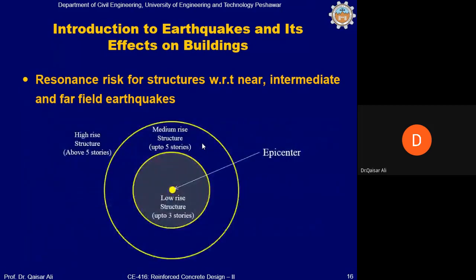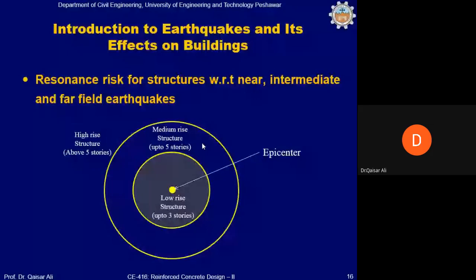Okay, now comparing the frequencies or time period of the earthquake waves to the time period of the buildings, let's look at the situations where the resonance can occur. As we said in the last slide, the time period can be roughly estimated as 0.1 times the number of stories.